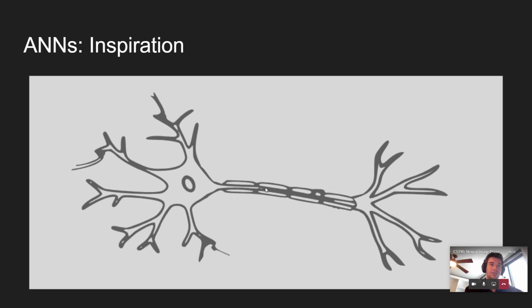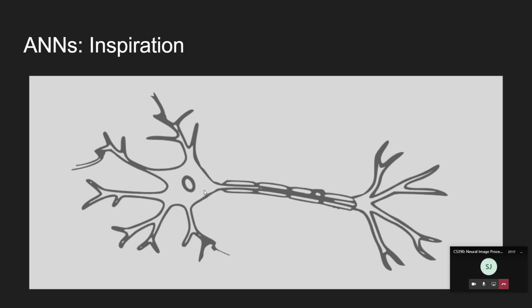I think the branching parts are also called axons. Not quite. Axon is this big one here, the long one. Are those dendrites? Dendrites, yes. Very good.